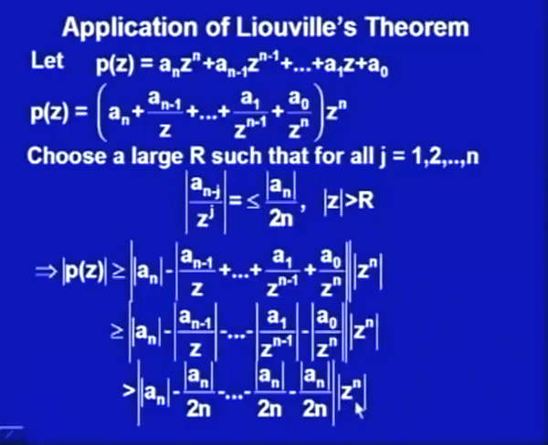So, what I am getting is that it is greater than |a_n|/2 times the absolute value of z^n. Now, let us see what we have got. We have got that |P(z)| is greater than or equal to |a_n|/2 into |z|^n for all |z| greater than r.